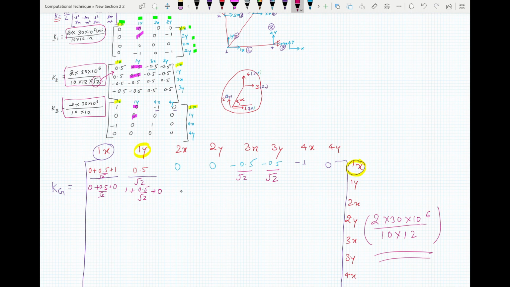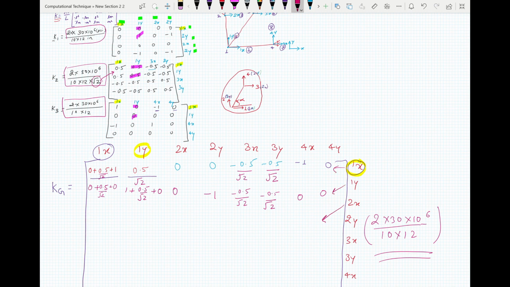Similarly for 2x it will be 0 and then -1. For 3x it will be minus 0.5 by √2 minus 0.5 by √2, and this will be equal to 0 and 0. This is our first row, this is our second row.